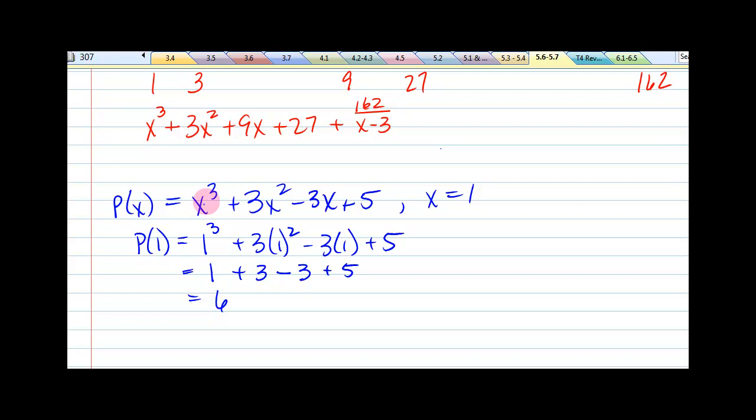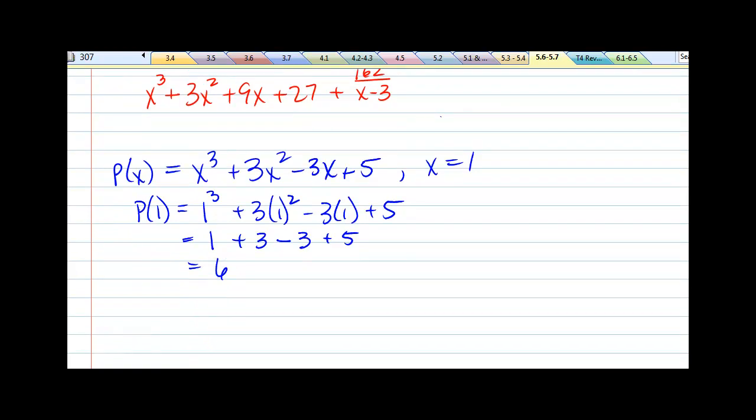So if I substitute 1 into my polynomial, I find out that at p of 1, the answer is 6. The remainder theorem is going to tell us that I can find that same answer if I were to divide this polynomial by x minus c, or in this case, x minus 1, I'm going to end up with a remainder of 6.